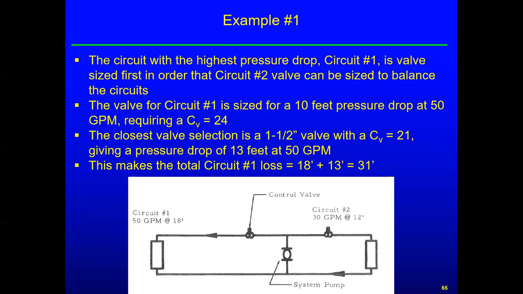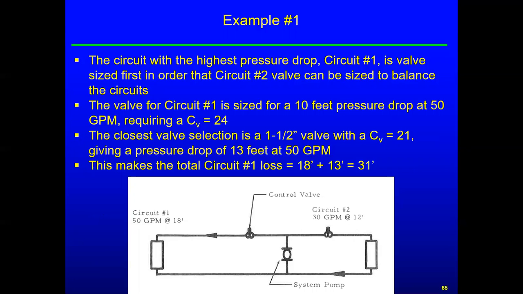That would be the PSI drop. There's no specific gravity adjustment. And so times 2.3 is equal to 13.04. So it comes out right on 13 feet. With that CV valve in a wide open position, we would have 13 feet.